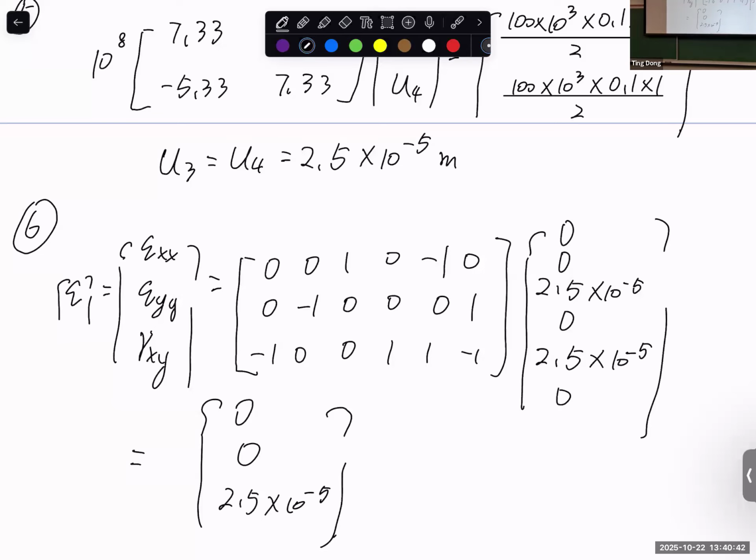Shear strain is non-zero. Normal strains in X and Y are 0. Any question? Please note the symbols epsilon XX, epsilon YY: strain in the X direction, strain in the Y direction, and shear strain. Thank you for coming and have a great day.